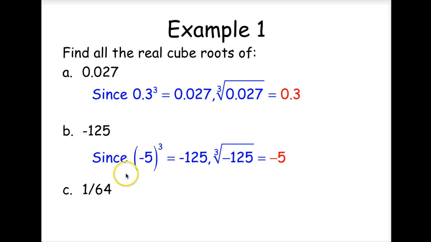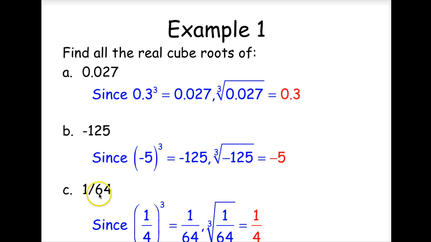Since negative 5 to the third power gives us negative 125, then the cube root of negative 125 is negative 5. For 1 over 64, since 4 to the third power gives us 64, then the cube root of 1 over 64 is 1/4.